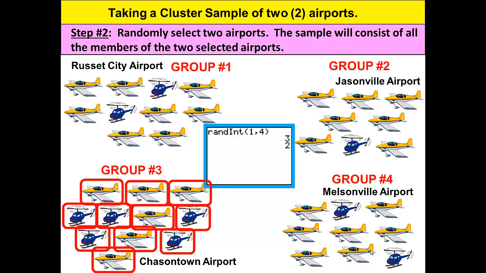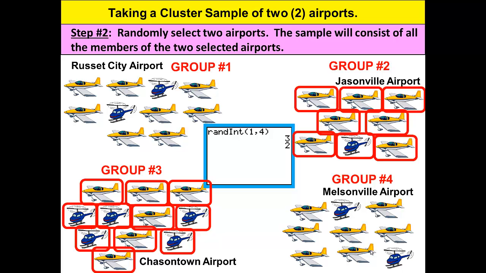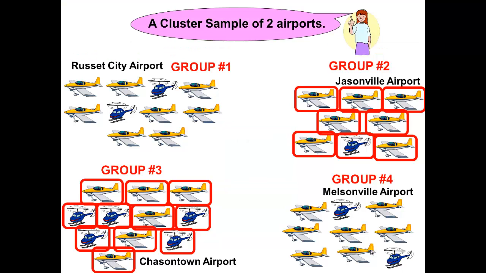Since we got airport 3, we'll circle all the aircraft in group 3, the Chasentown Airport, and group 2, Jasonville Airport. And again, the circled aircraft make up our sample, all of the aircraft in Jasonville and Chasentown.